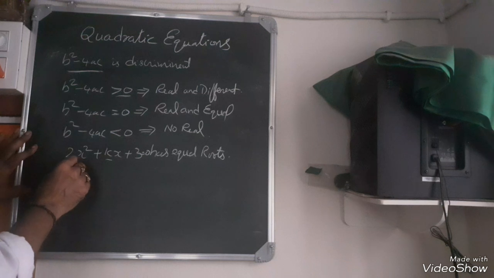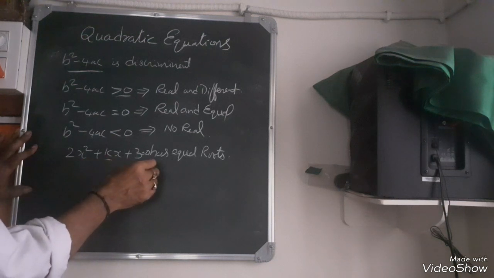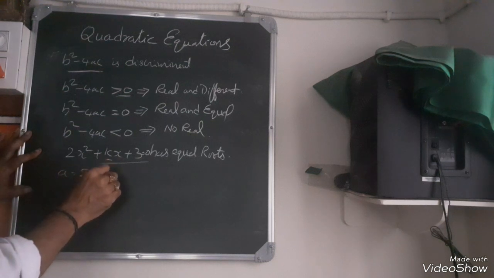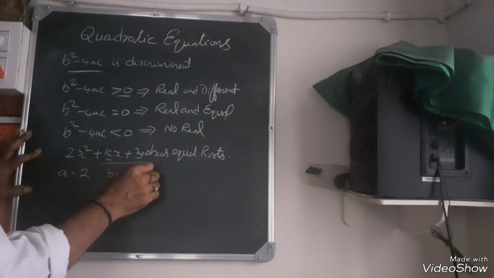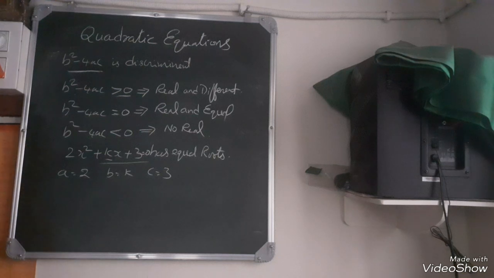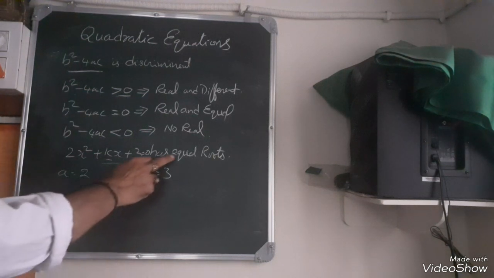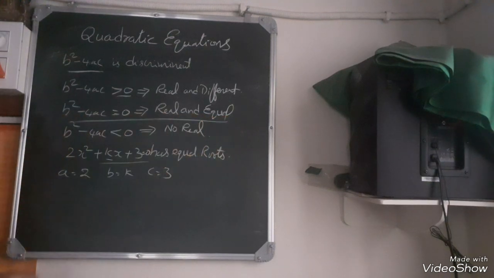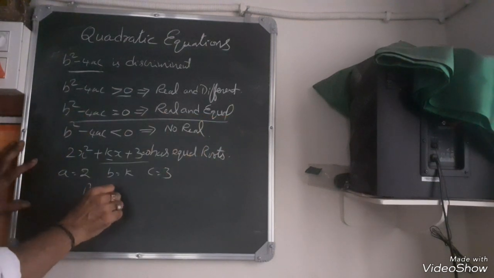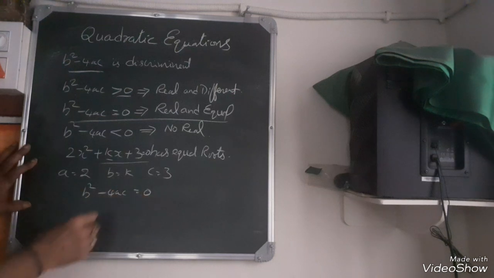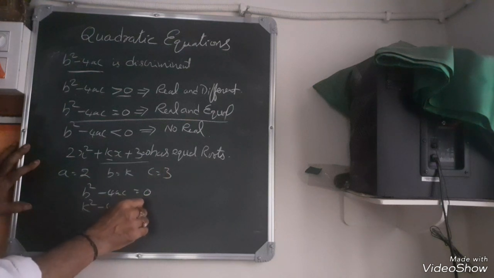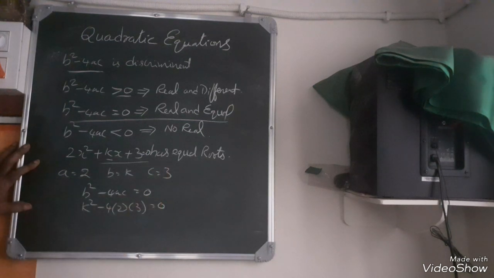So what is the given equation? 2x square plus kx plus 3 equal to 0. From this we can write a equal to 2, b equal to k, c equal to 3. It has equal roots. What is the condition when they are equal roots? b square minus 4ac equal to 0. So b square means k square minus 4 into a, 2, into c, 3 equal to 0.